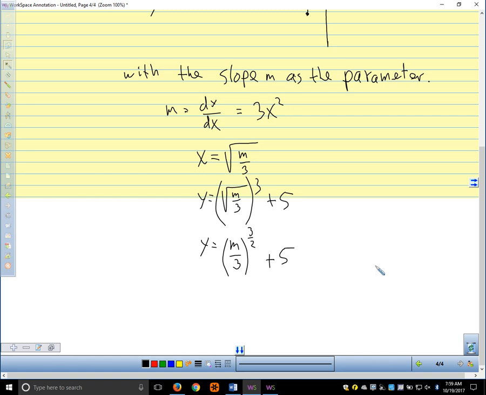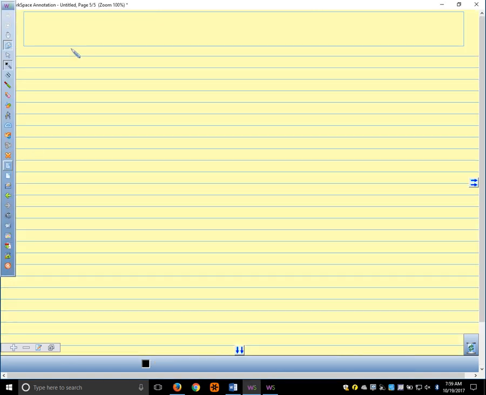Now, one reason that we use parametric equations is there are curves that are extremely difficult to represent in explicit form. And one of those is a cycloid. What? A cycloid, Dylan?